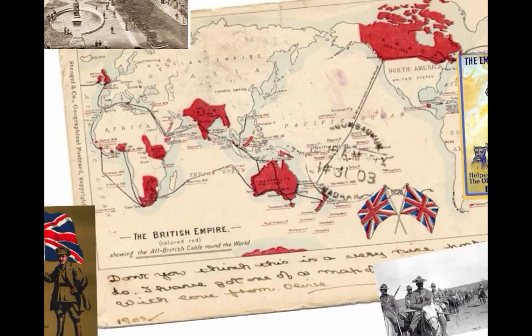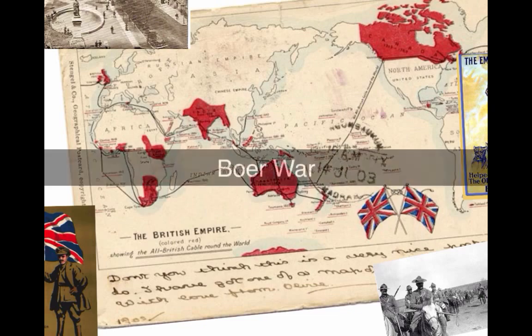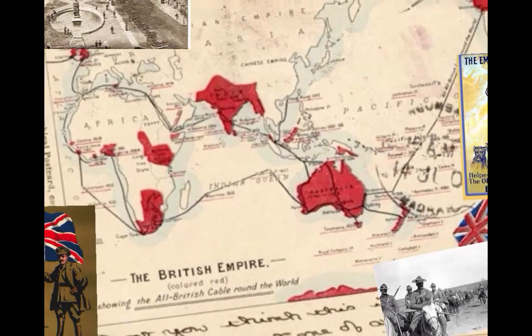So how imperialism was expressed at this time was through a number of ways. The first one was through the Boer War. So if we just zoom in here on Africa, this area here in red at the bottom is South Africa. And the British were at war with the Boers, who were descendants of Dutch immigrants.